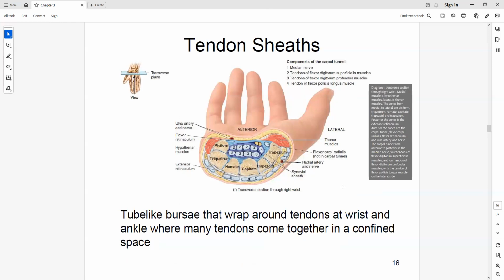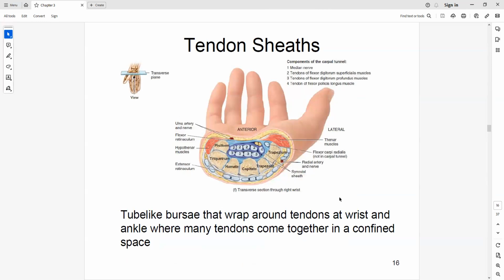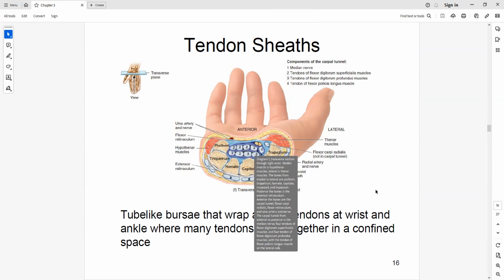We also have lubricating structures between tendons and bones, especially in an area where tendons just run over the surface of bones. This is happening in our wrist area or carpal area. Take a look at these tendons here, numbered 2, 3, and 4.